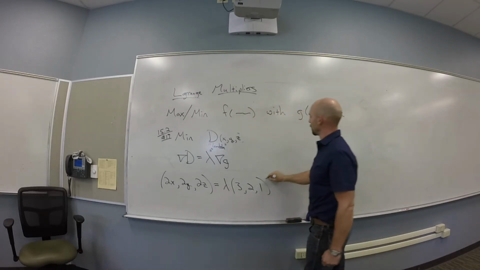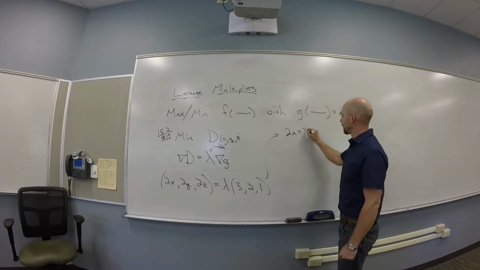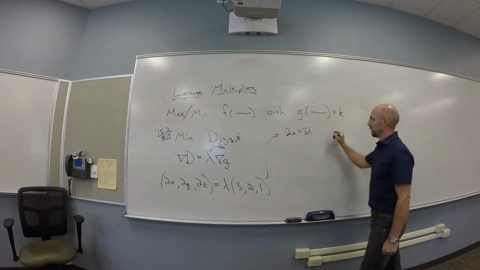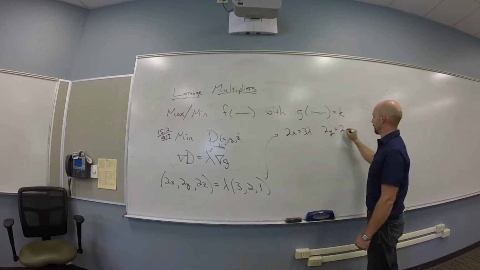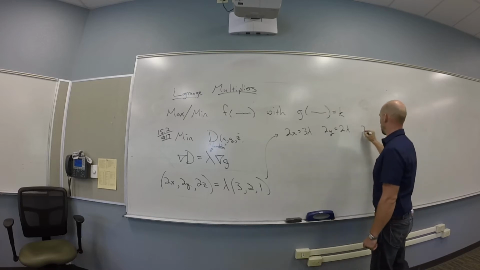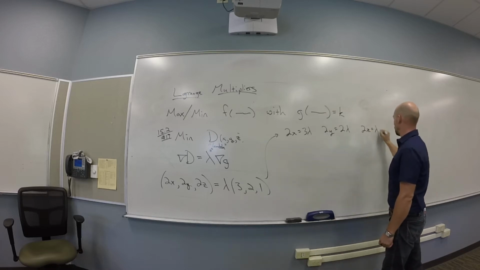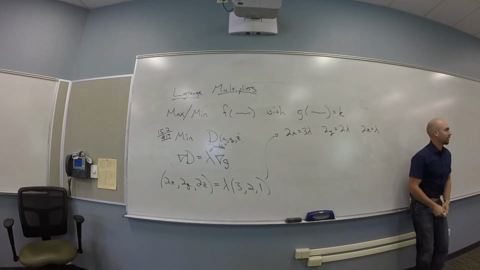You're going to multiply this through, so you'll get 2x is 3 lambda, 2y is 2 lambda, and 2z is lambda. You guys all see this?